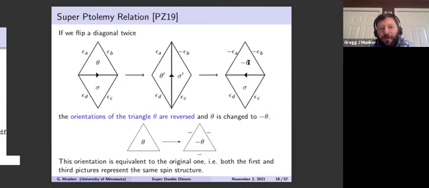But the top triangle, this really is the negation of what you started with. However, you can do an orientation flip only on the top triangle without changing the bottom triangle at all.